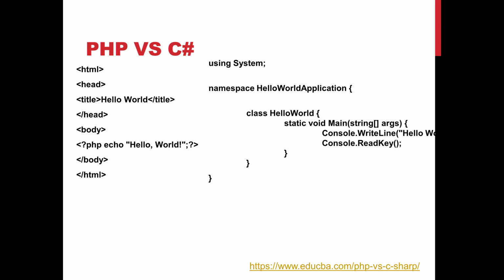The actual code to write hello world is one line, whereas this requires multiple lines: a namespace, a class, and a static void main to run the program. You can see that you're going to have more code required to write a C Sharp application.